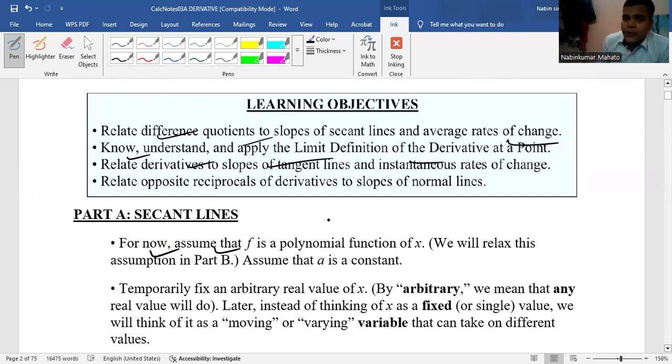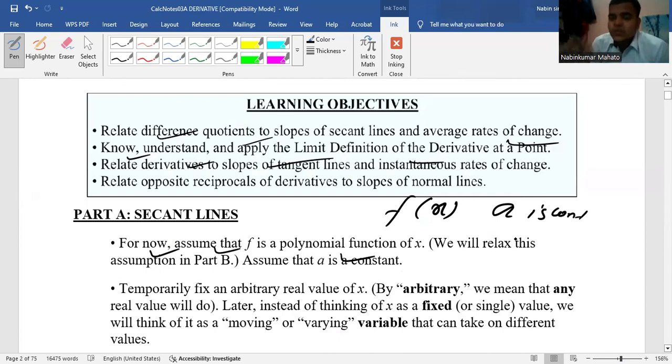I hope that you know the monomial, binomial, and polynomial. f is a polynomial function of x. We will relax this assumption in part B. Assume that a is a constant. Do you know what a constant is?